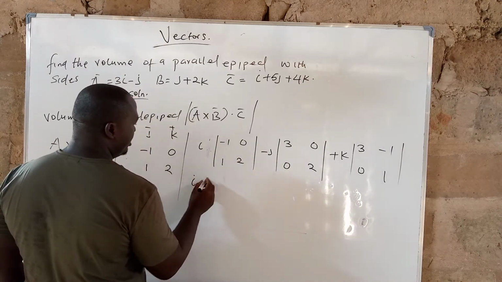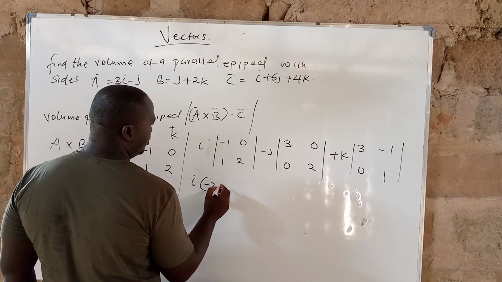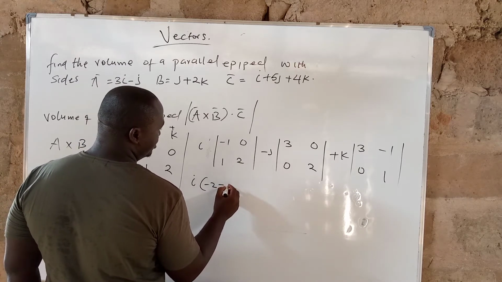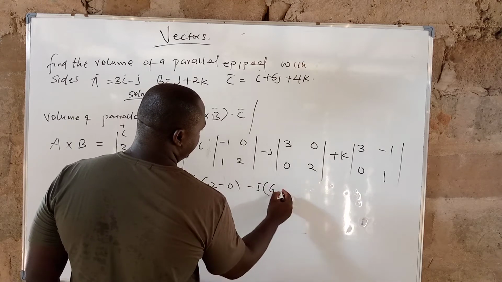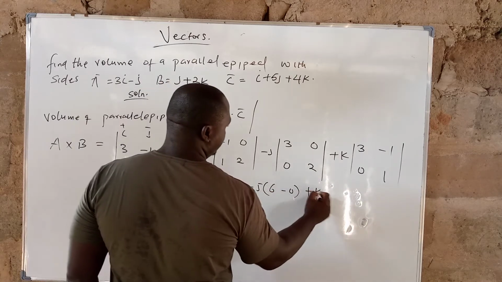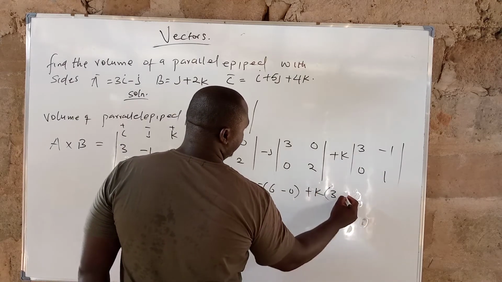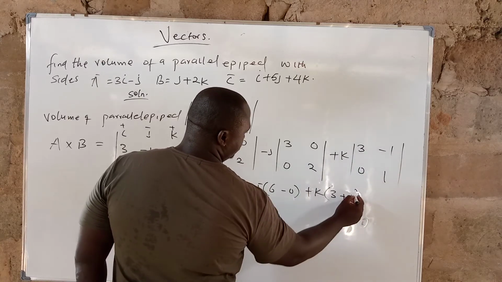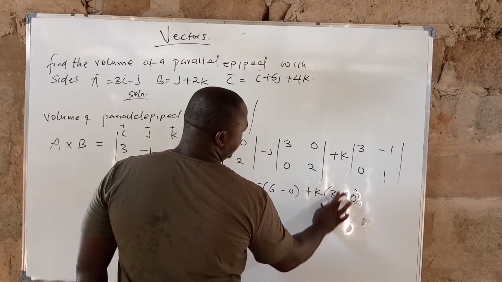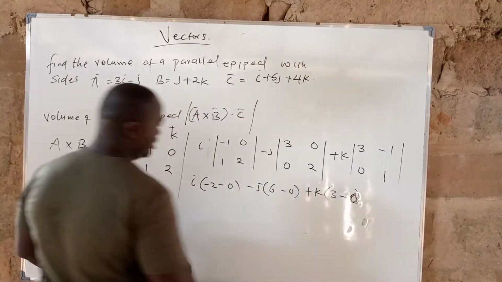So this is i, this time this will give you -2, minus 0. Then -j, this time it is 6 minus 0, plus k. This time this should give you 3 minus 0, which is 3.